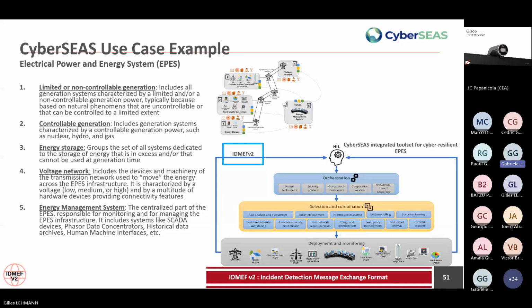That's how IDMEFv2 has been used, starting from the collection of raw data from the physical layer, up to the very high level, to be orchestrated according to the list of potential models and services, combining them and activating them again towards the physical assets. Next, please.